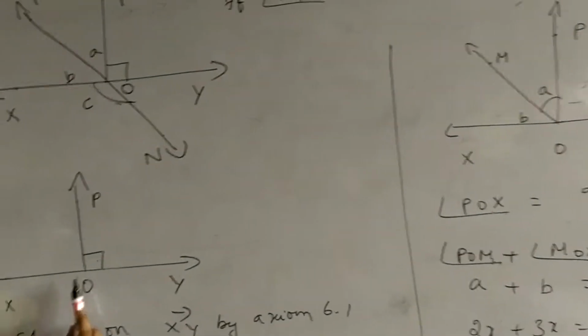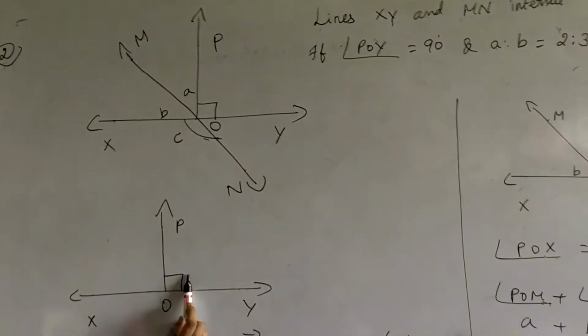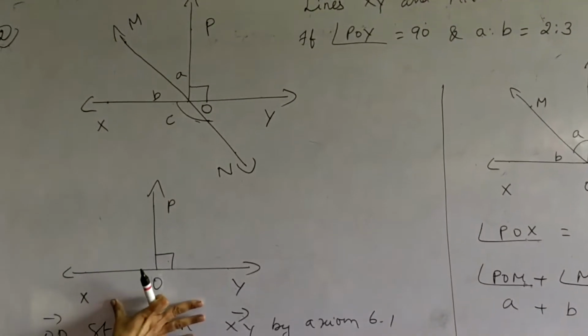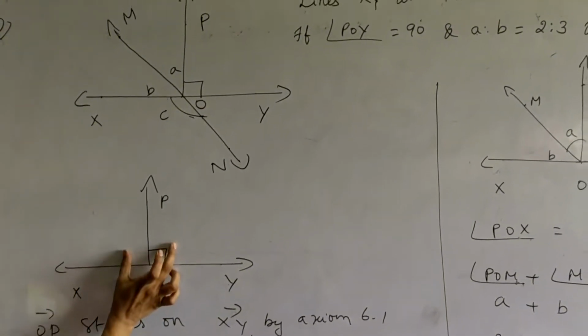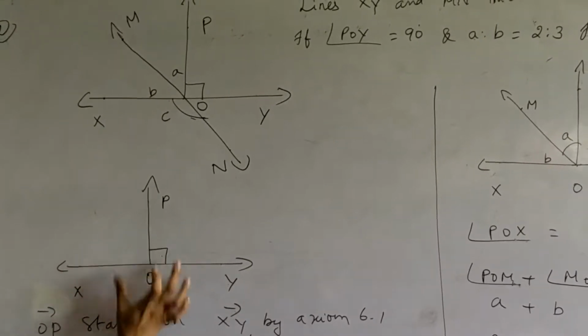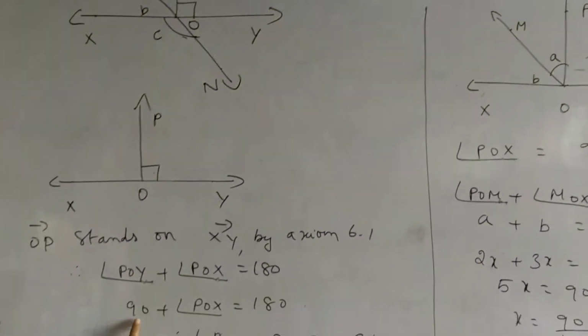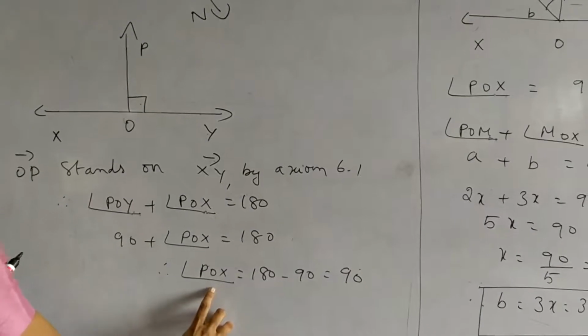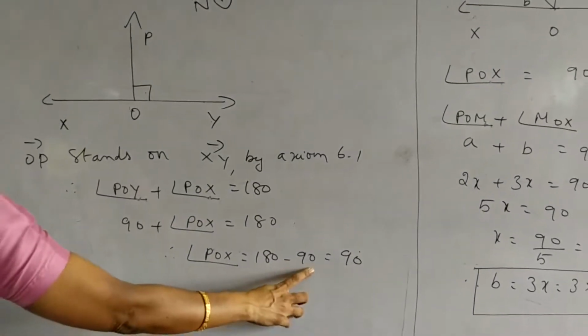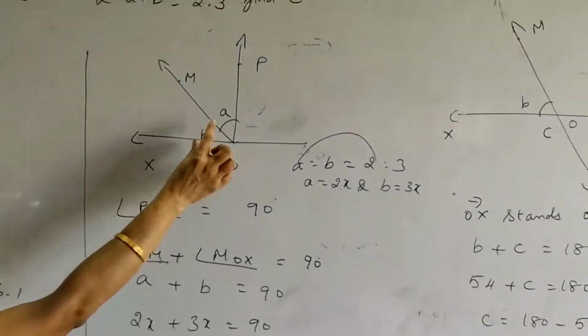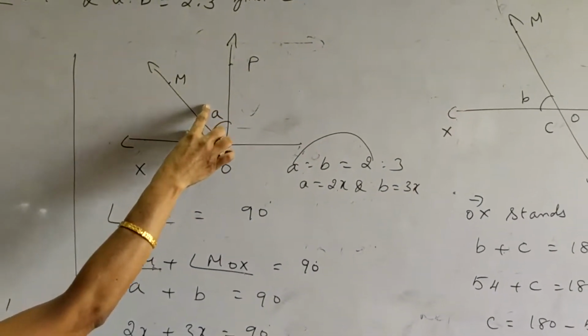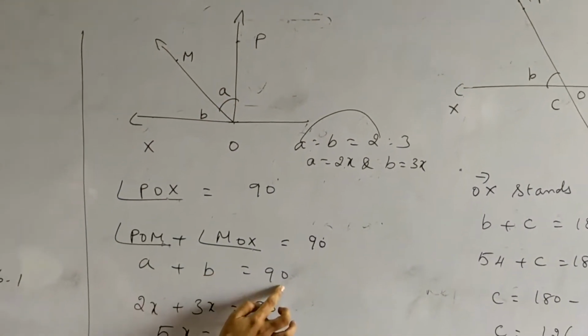Let us recall. We are given angle POY is 90 degree. OP is the ray stands on the line XY. So by axiom 6.1, these two are adjacent angles makes 180 degree. So we have used this. POY is given 90. Therefore, we got POX is 180 minus 90 is equal to 90. This POX is nothing but sum of these two angles A and B. Therefore, A plus B equal to 90.